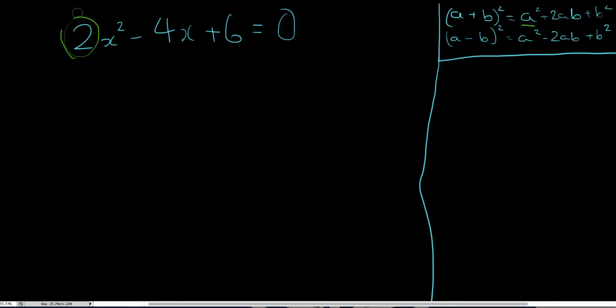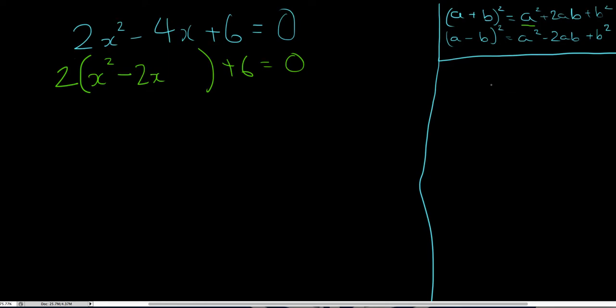So what we do is, we're going to pull the coefficient out of, now listen carefully, it's going to get a bit tricky, only the first two terms. Okay, x squared minus 2x, and the plus 6 stays as it is.